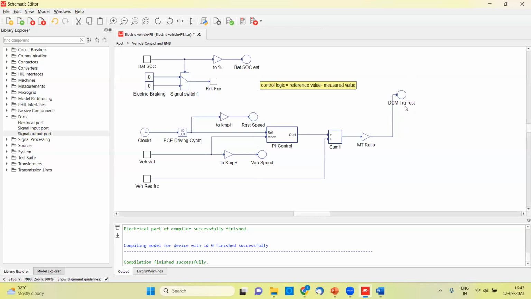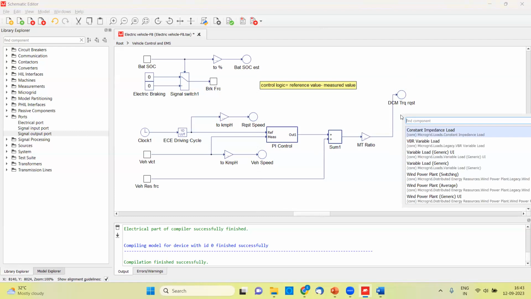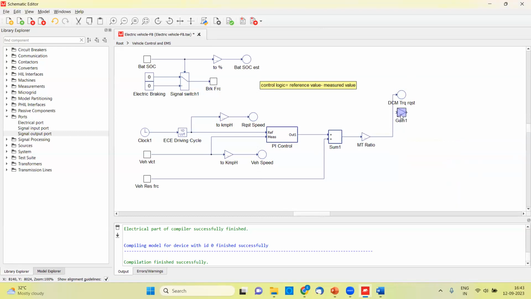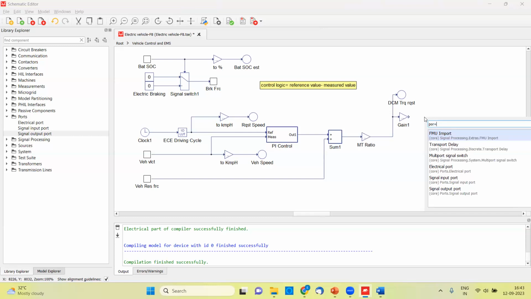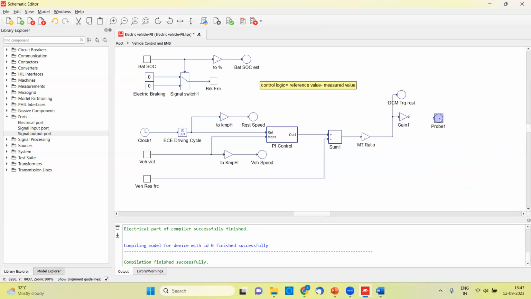Now we again need to do one more conversion, from mechanical to electrical, in order to interact with the electrical components. For that, we are going to use a few more gain blocks. First I've taken one gain block, and the output I'm going to connect with a probe.